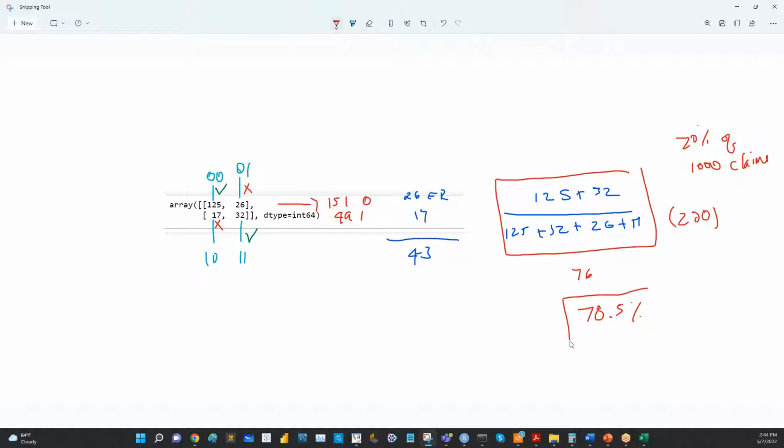Can anyone interpret this 78.5 for us, please? Just try. What does it mean, 78.5? The prediction was 78.5% correct, meaning it matched the actuals. The prediction matched the actual.